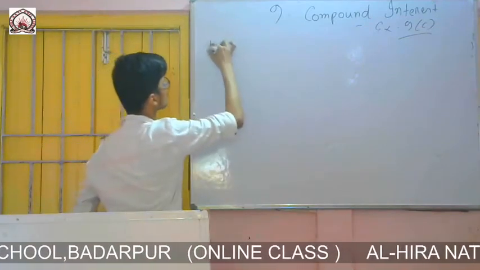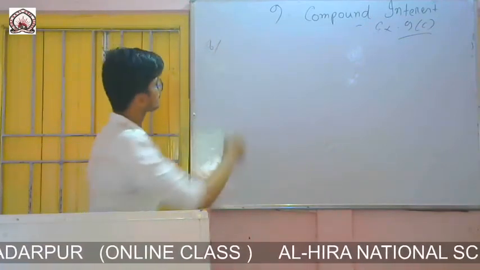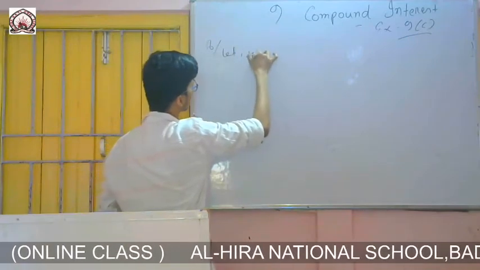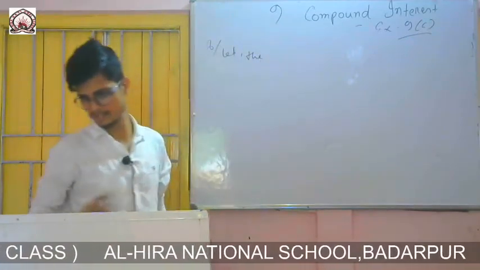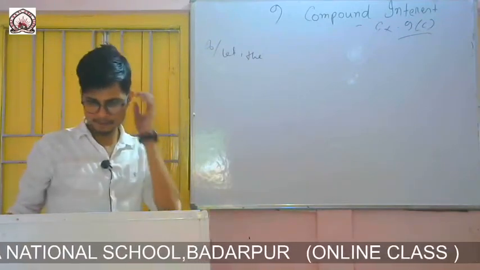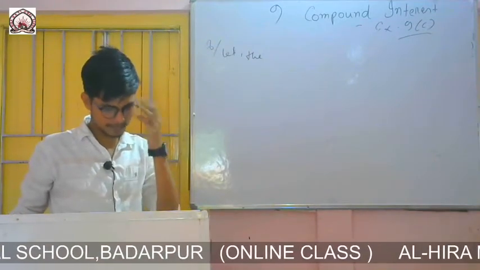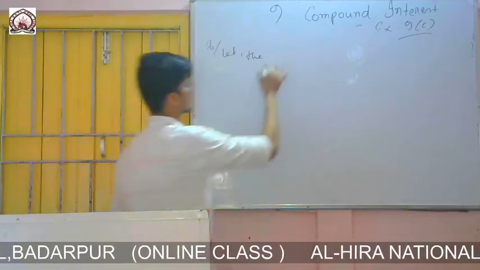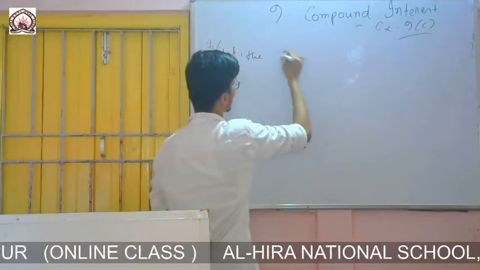Okay, so let's begin. Let the principal, it is missing. You see in the question there is no principal, only it is said that the amount is 216 by 125 times of this one. So first of all we have to let the principal be x.